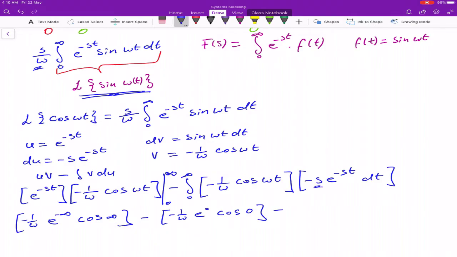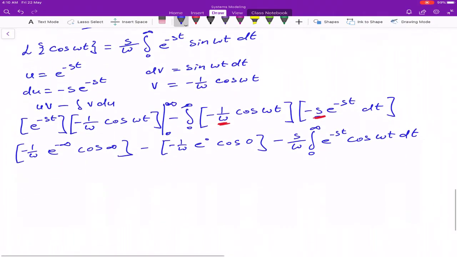We can pull again this s and this part outside our integral, which will give us s over omega integrating between 0 to infinity times e to the minus st times cosine omega t dt.